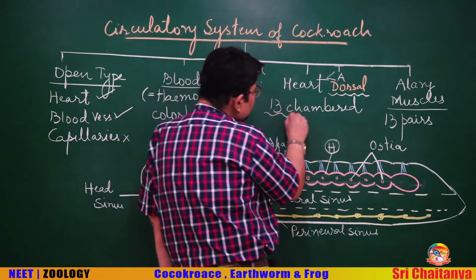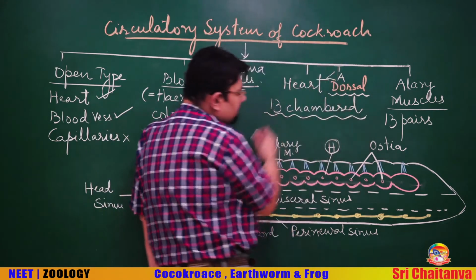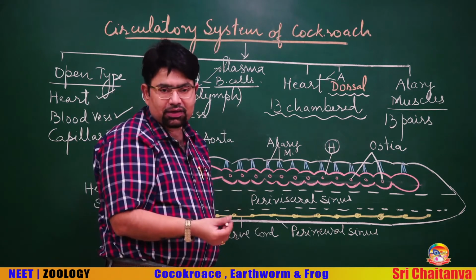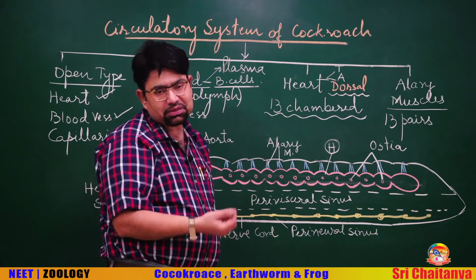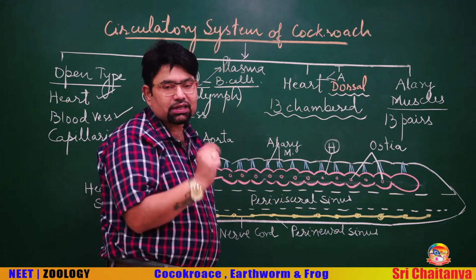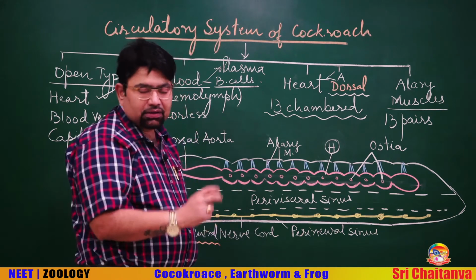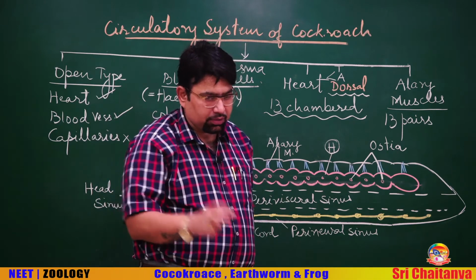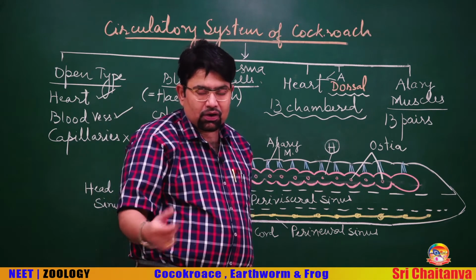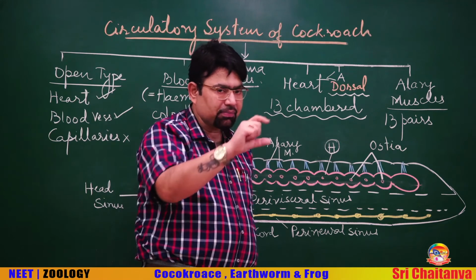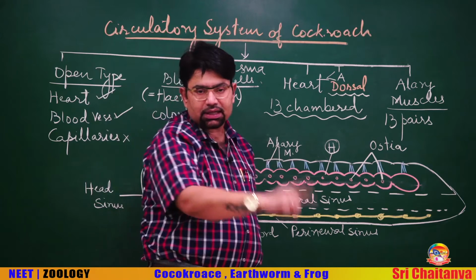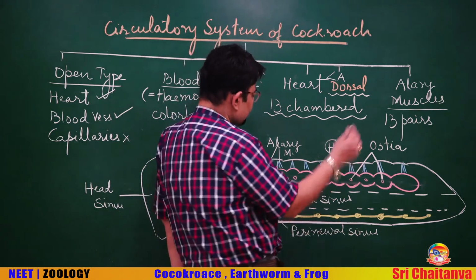Very important point about the heart: it is a 13-chambered heart. Birds and mammals have how many chambers? 4 chambers. Cockroach has a 13-chambered heart. These chambers are funnel shaped and fitted one behind the other. On each of these chambers, there is a pair of openings on either side called ostia.